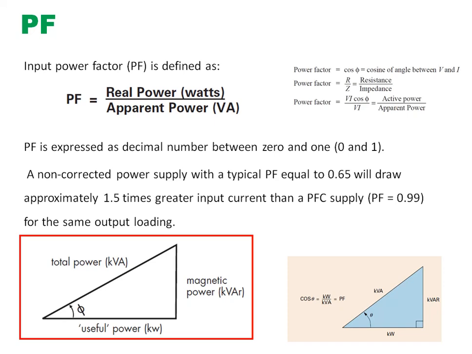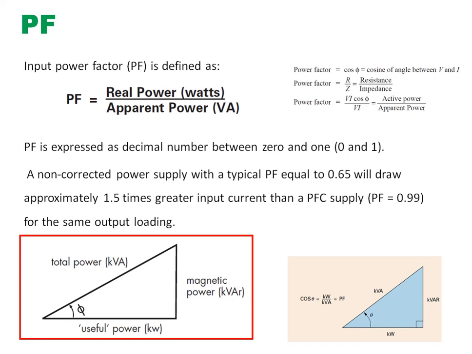In various textbooks you may see slightly different names. Real power is sometimes mentioned as useful power, active power or workable power, but ultimately the unit will be watts or kilowatts. The apparent power may also come as total power, with slightly different names, but the unit will be VA.